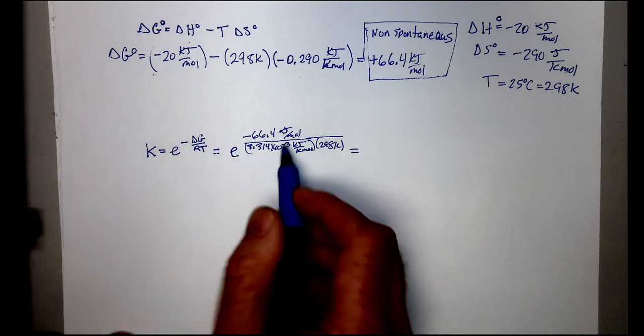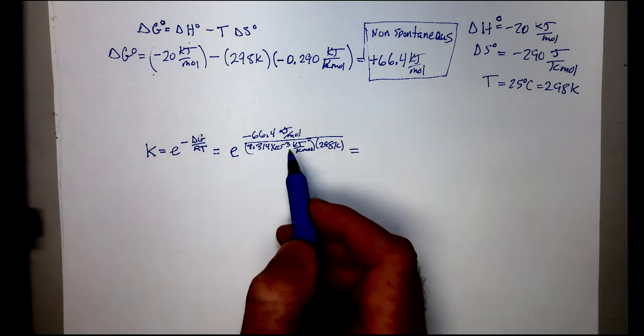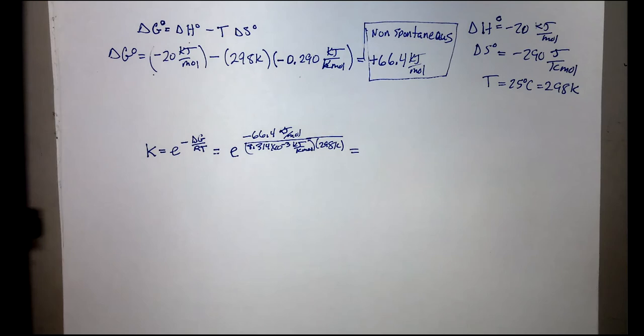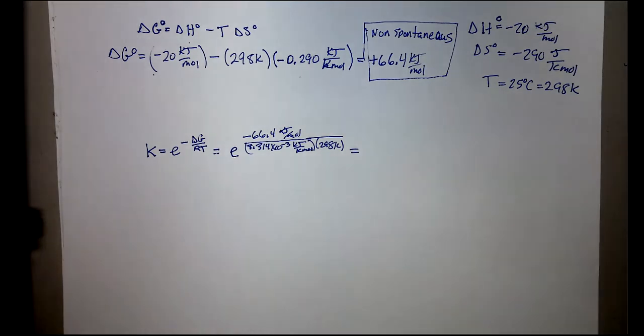Remember, all this is in the exponent, even though I'm stacking a fraction and it might not look that way. So negative 66.4 divided by 8.314 times 10 to the negative third divided by 298. We're going to take that and raise e to that power.